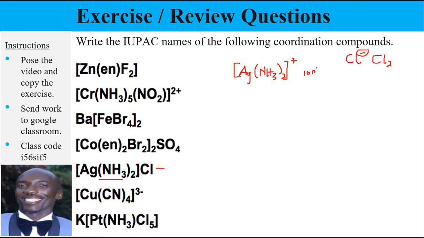But in case you have the ion placed there, like how we have this, where we have this ion, now we have the chloride ion. So if I'm naming, I'm going to name the complex, the one in the square bracket, then followed by the name of that ion.